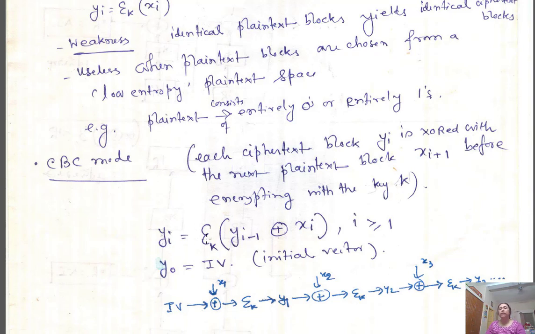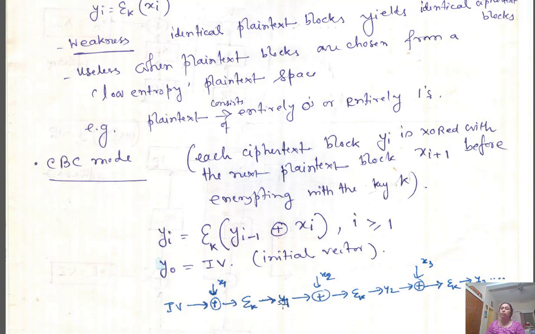Before encrypting, your previous ciphertext block is XORed with the current plain text block. Initially your Y0 is IV, the initial vector. With the initial vector you XOR the first plain text block, and then you pass this resulting value through the encryption box.